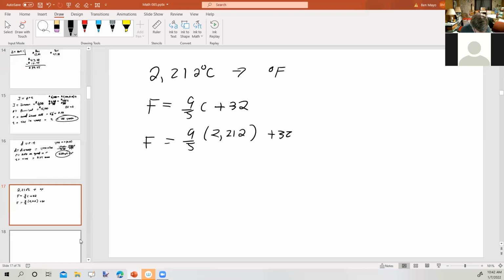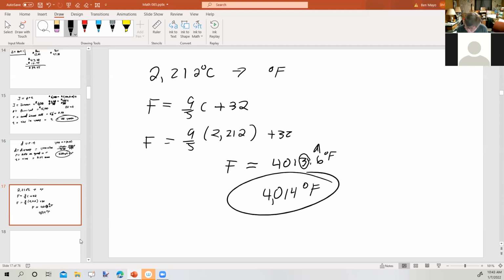And we get 4013.6 degrees Fahrenheit, but it said round to the nearest degree, which would be right there. 5 and above rounds up, 4 and below rounds down, so that's going to round up. So it's going to be 4014 degrees Fahrenheit. Any questions there?